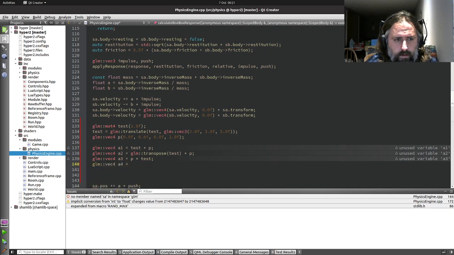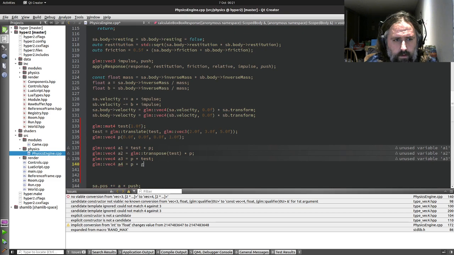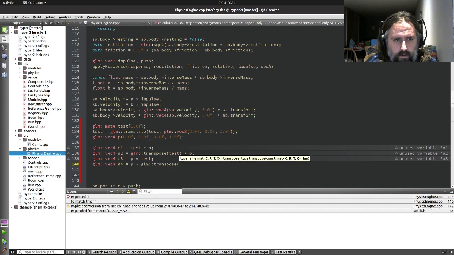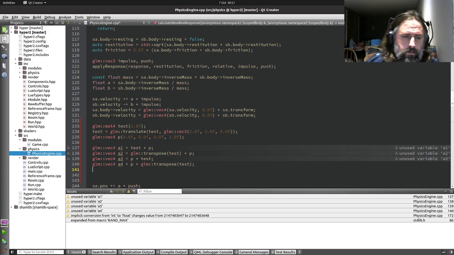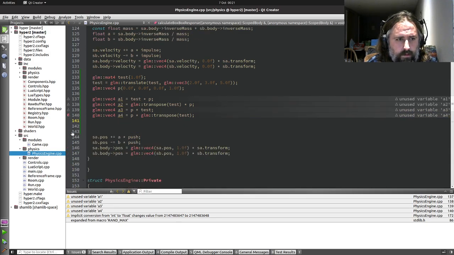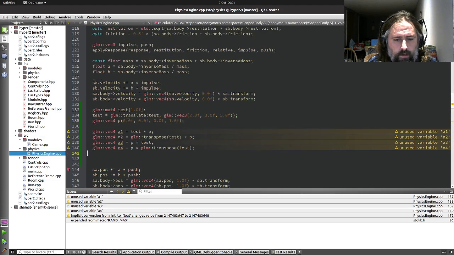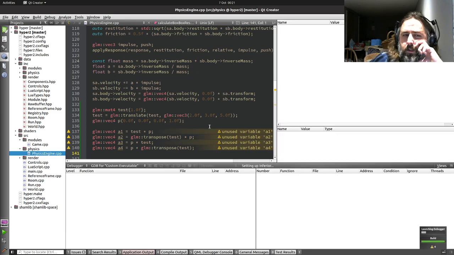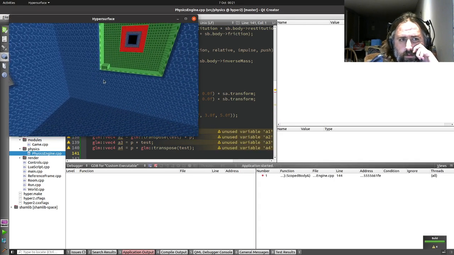And for good measure, let's do multiplication by right. Yes, they are unused variables. It's true. Okay, so we made a matrix, did a bunch of multiplications on it, and we can see what we get.